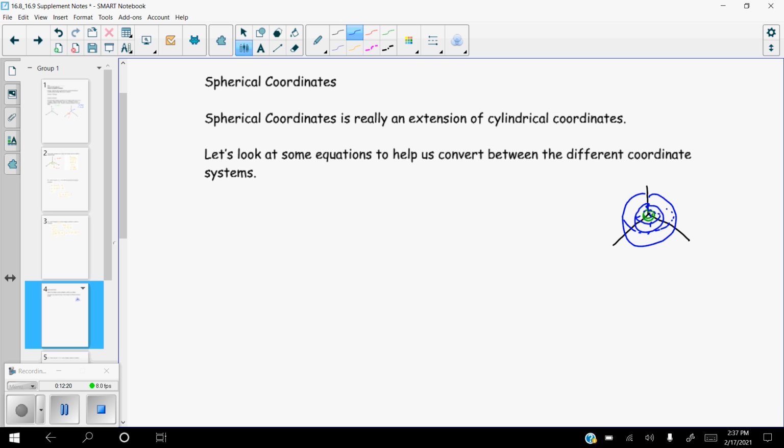You can see why I'm going to stop drawing this, because it's going to get very messy. But the idea is I can use concentric spheres from the origin to find any location out in three-dimensional space. So maybe I have a point right on the edge of that sphere, somewhere right there. Maybe that's the point I'm interested in.